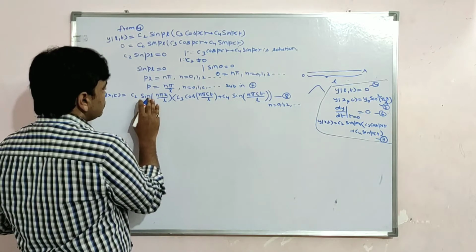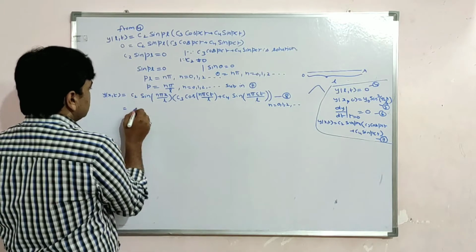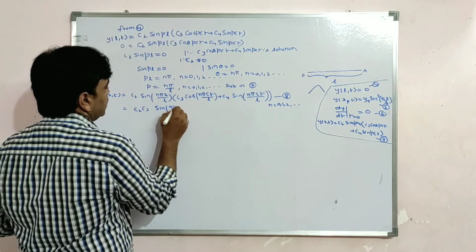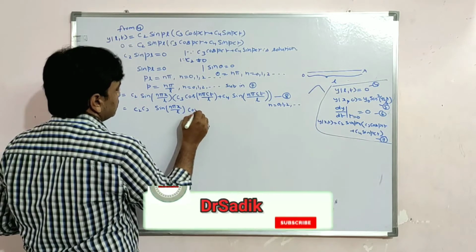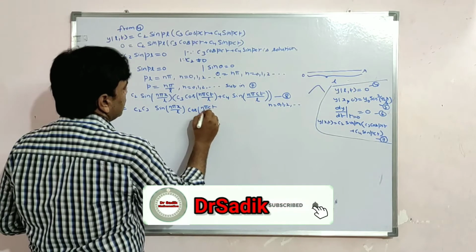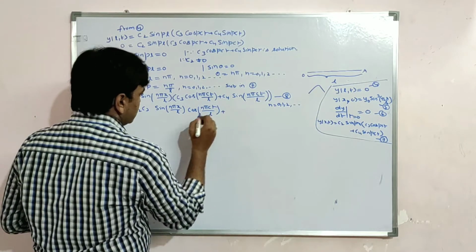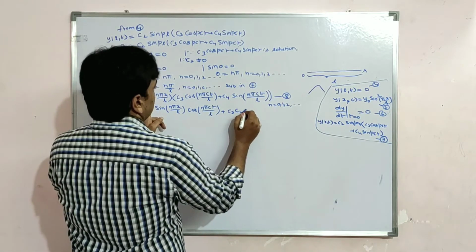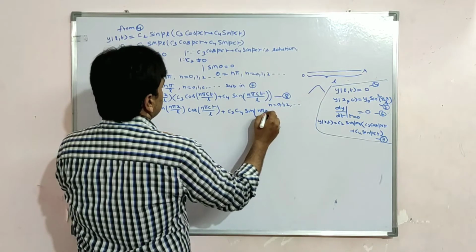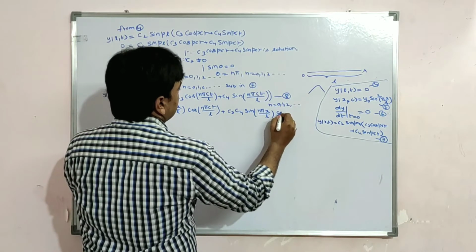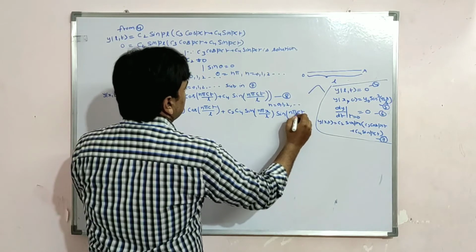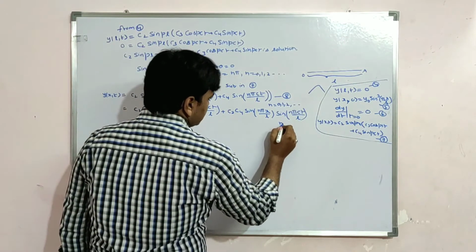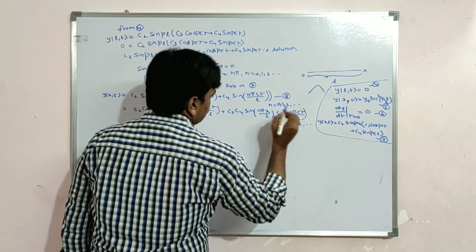You multiply with C2 sin n pi x by L, students. Here we get C2 C3 sin n pi x by L into cos n pi ct by L plus C2 C4 sin n pi x by L into sin n pi ct by L. Here also n is equal to 0, 1, 2 and so on.